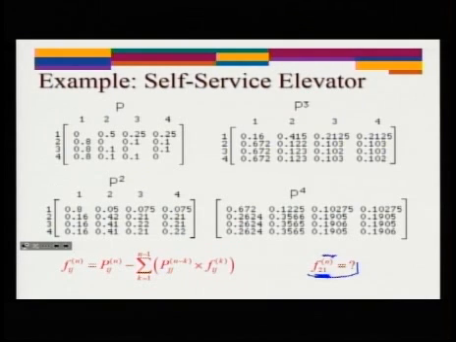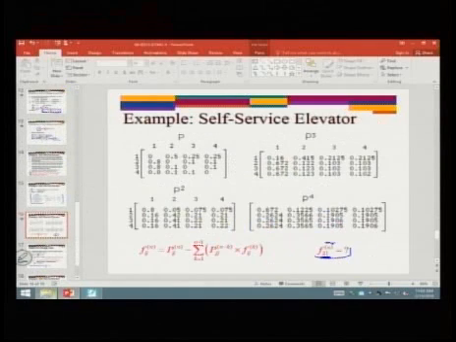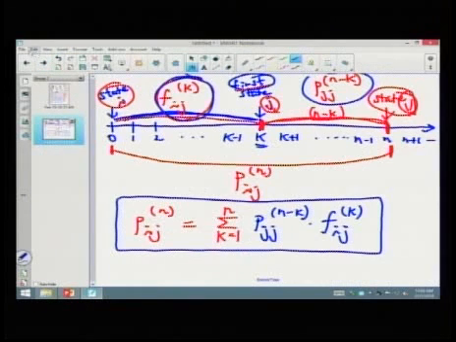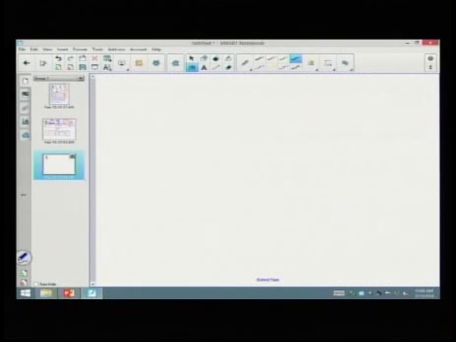Okay, I think I should use the smart pad again. Okay, so first, if n is equal to 1, then we know that f sub 21 is equal to p sub 21, right?